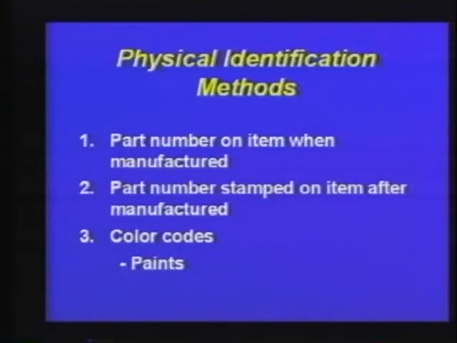There are some industry standards where you could color code. Bar stock would be a typical illustration, and those color codes can be provided to you by your bar stock supplier.